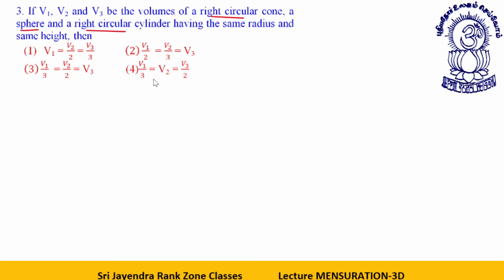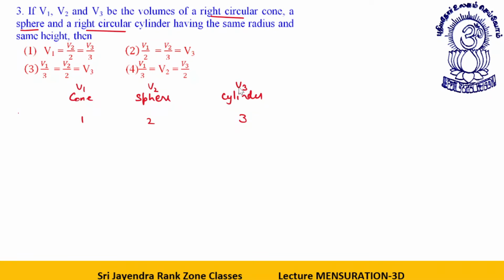So we know that the volumes of a cone, hemisphere or sphere, and then cylinder are in the ratio 1 is to 2 is to 3. Now, the volume of the right circular cone is V1, sphere will be V2, a cylinder will be V3.